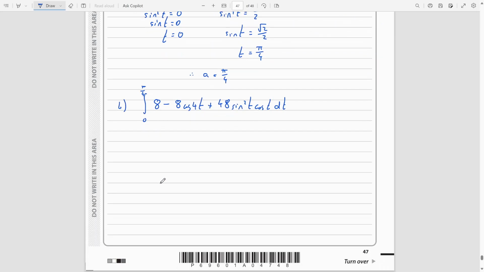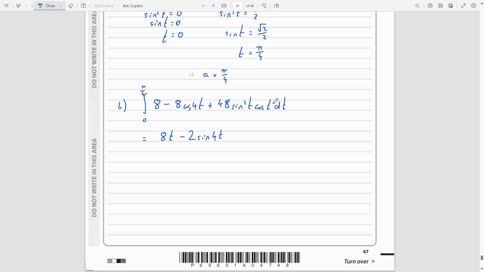So let's just dive into this. Integral of 8, well, that one's easy, it's 8t. Integral of cos 4t is a quarter sine 4t. Multiply it by that negative 8 and it's minus 2 sine 4t.